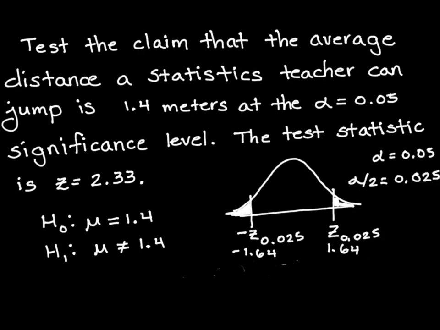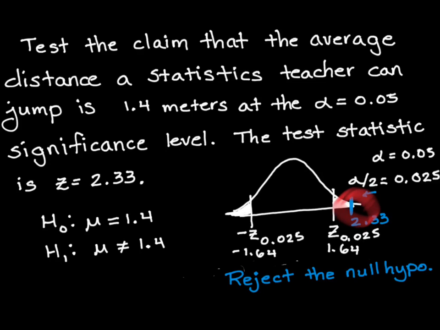Make some space, shade in our critical regions, and we can see that our test statistic is falling at 2.33. We were given that in the problem, and that is falling into the right-hand tail because 2.33 is greater than the 1.64 for the critical value. So this means that we should reject the null hypothesis in this particular problem. So that test statistic is falling significantly far out into the tail. And so we reject the null hypothesis.